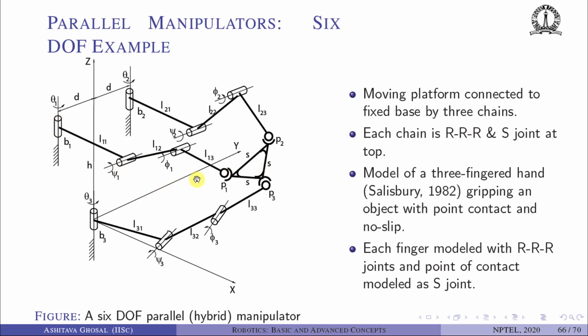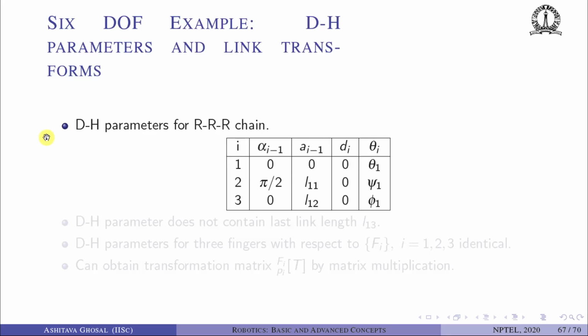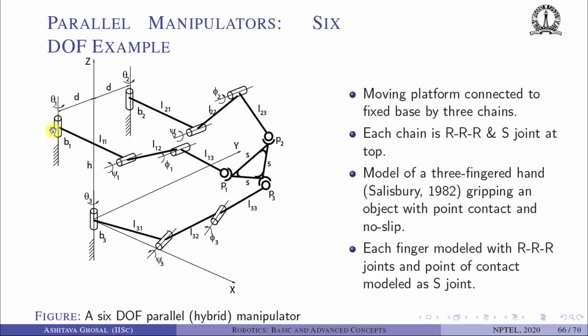So we want to model this parallel robot. The first step again is to find the DH table, and then maybe we can find the point of contact here with respect to the fixed coordinate system and so on. If you have this RRR chain, I have one rotary joint, another rotary joint, another rotary joint.